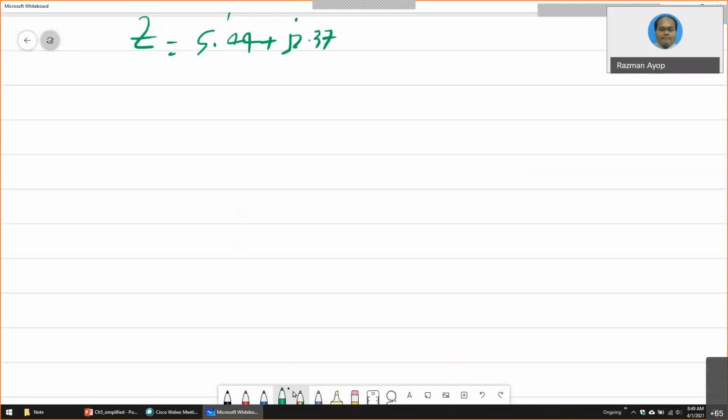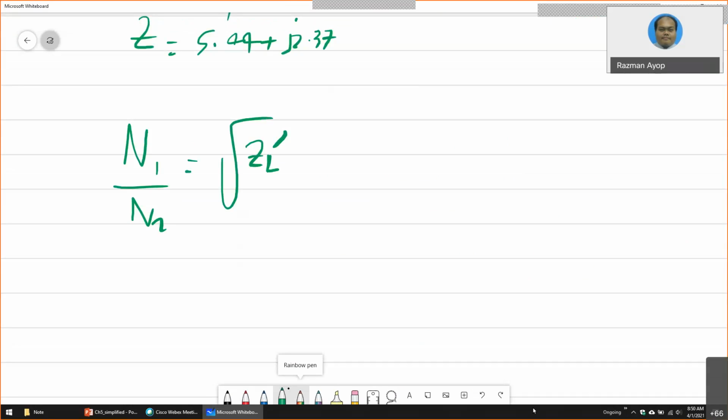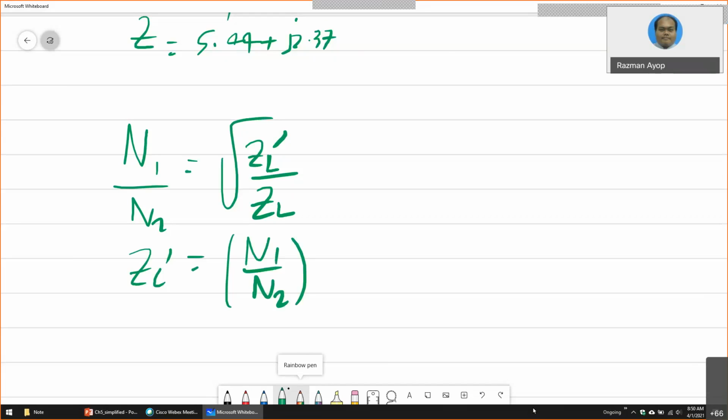So remember N1 divided by N2 equals square root of Z1 divided by Z2, which is ZL. So ZL' equals N1 divided by N2 squared times ZL.